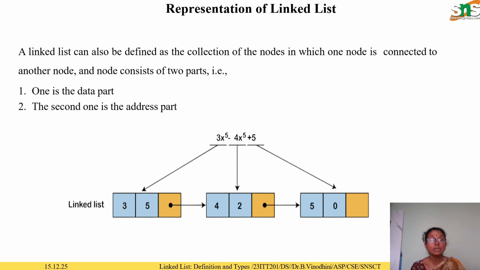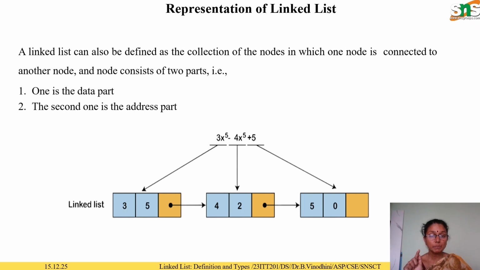A linked list can be used to represent polynomials, for example for the evaluation of a polynomial. Suppose we have 3x^5 minus 4x^5 plus 5. That is a polynomial representation, and the polynomial can be represented in terms of a linked list.